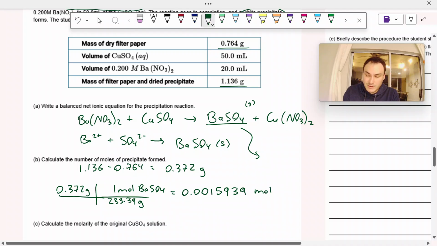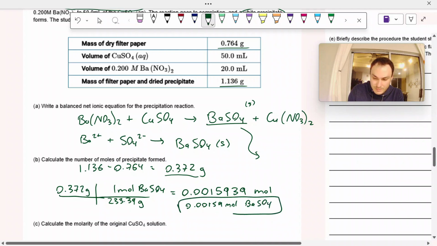Let's round to sig figs. The sig figs for this question looks like it's going to be 3 sig figs. So it's 0.00159 moles BaSO4, and that's our answer. Sig figs were not checked on this FRQ, by the way.